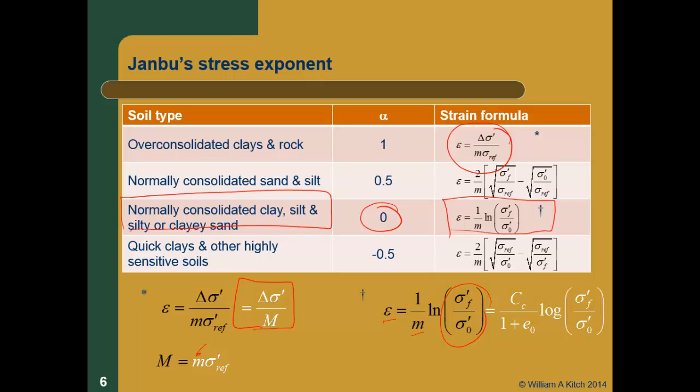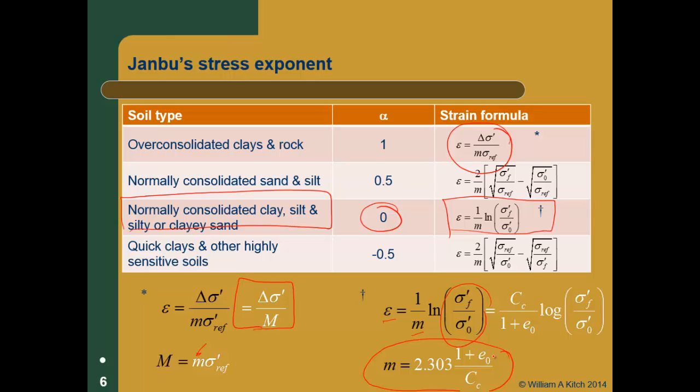And if we follow that through, then if you remember the relationships between natural logs and log base 10, you could just show that the relationship between m and C sub C is this. It's just that m is equal to 2.303, which is a conversion from natural log to log base 10, times 1 plus e naught over C sub C, remember that was the strain, right? So this is good.